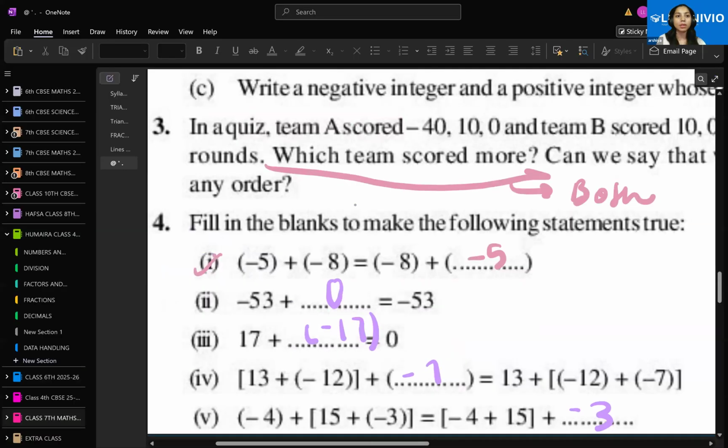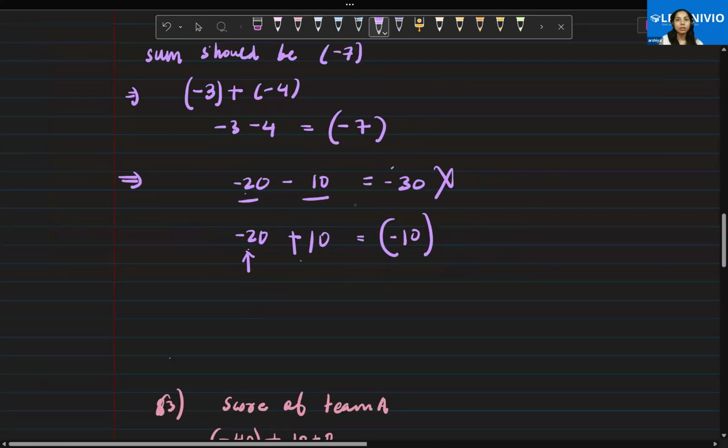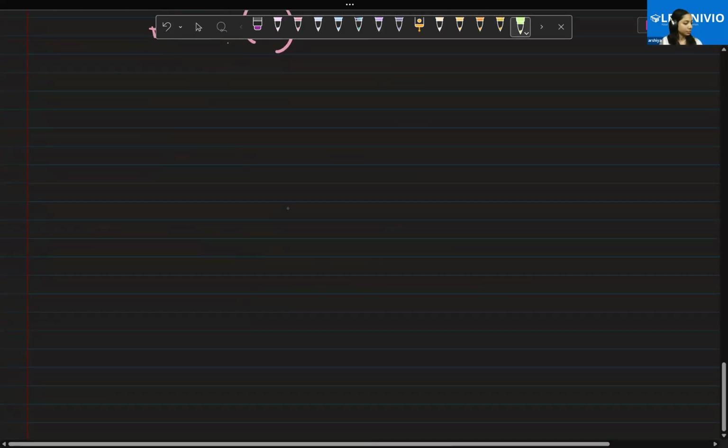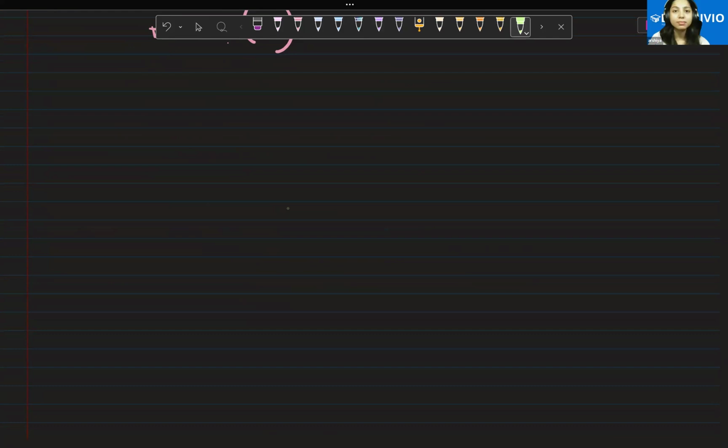You can write the heading: multiplication of integers.